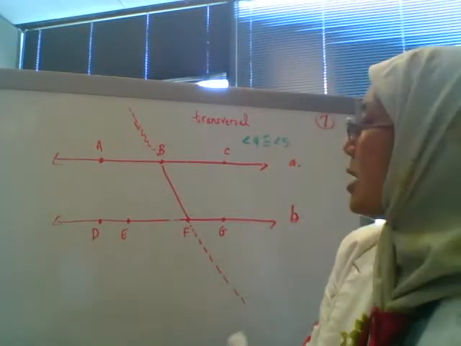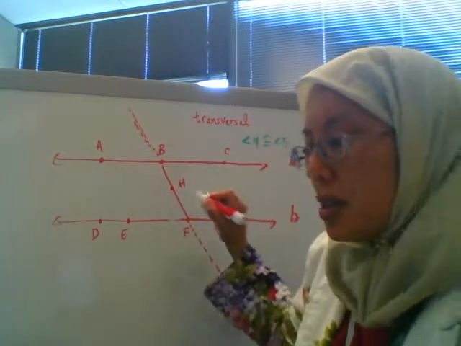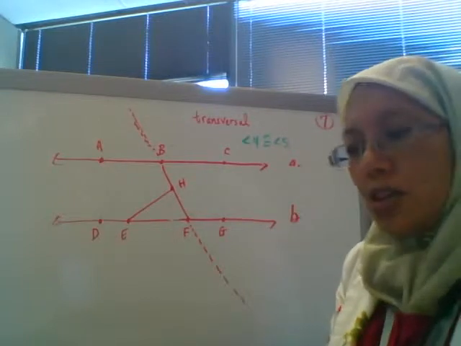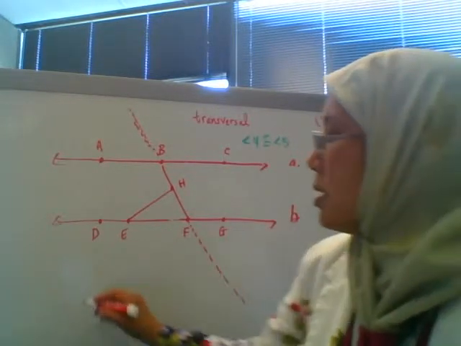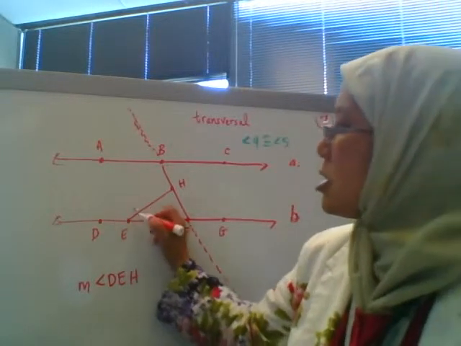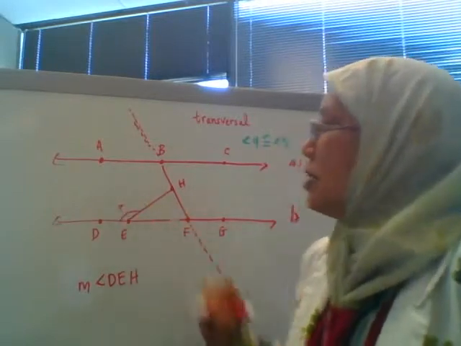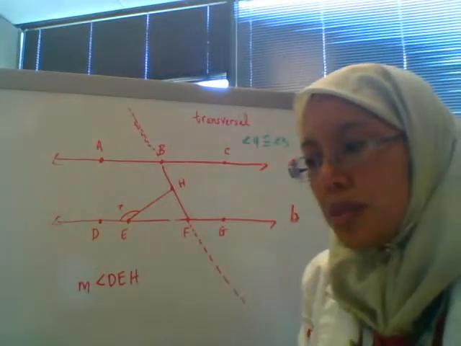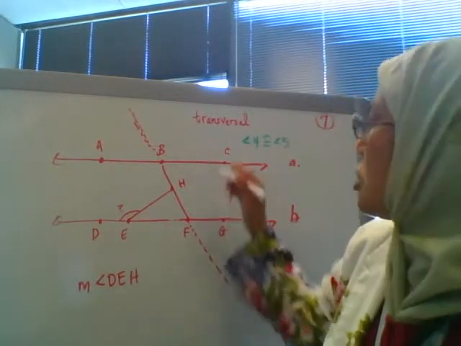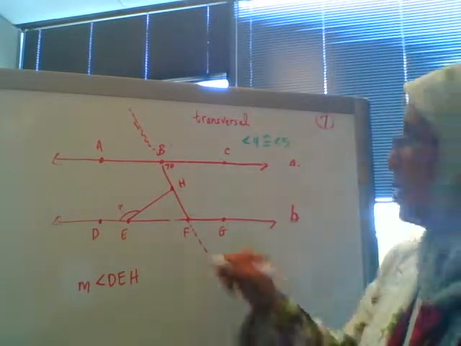We have one more point called H, connected to E, so it's line segment EH. Your goal is to find the measure of angle DEH. We don't know it. We only know two pieces of information: CBH is 70, and BHE is 105.